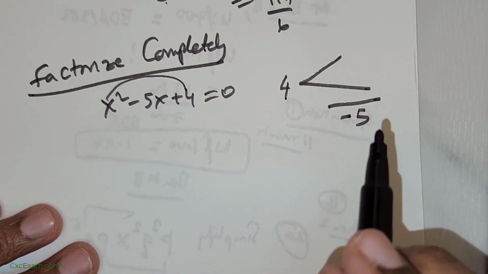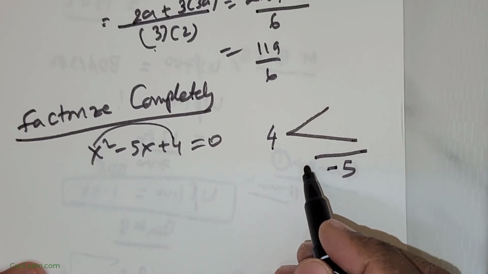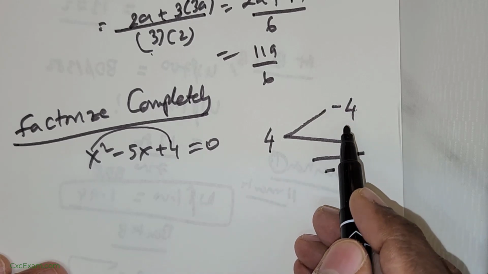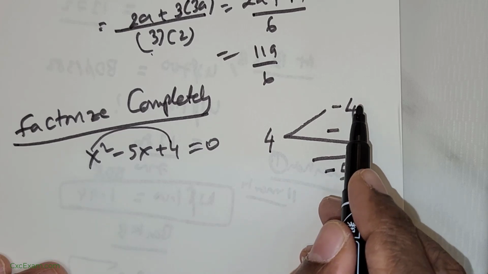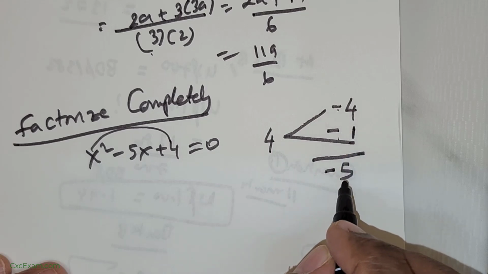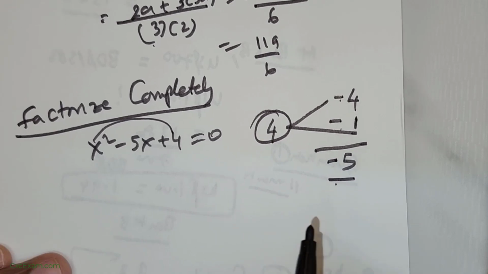So you should pick 2 numbers that when multiplied will give 4, and when added will give negative 5. So negative 4 times negative 1. Negative 4 added with negative 1 gives negative 5, and negative 4 multiplied with negative 1 gives 4.